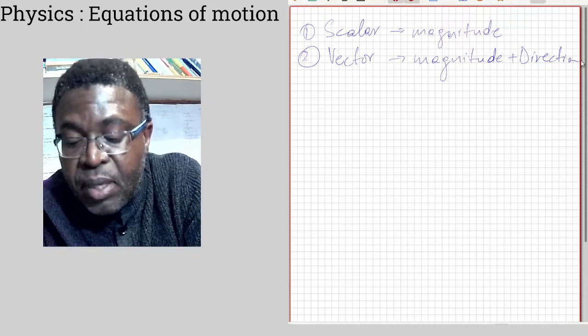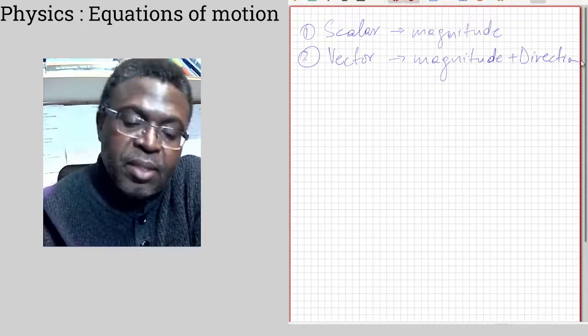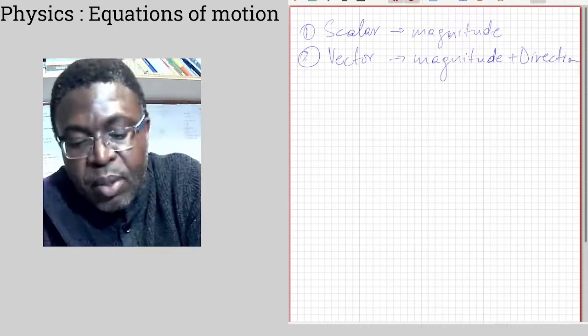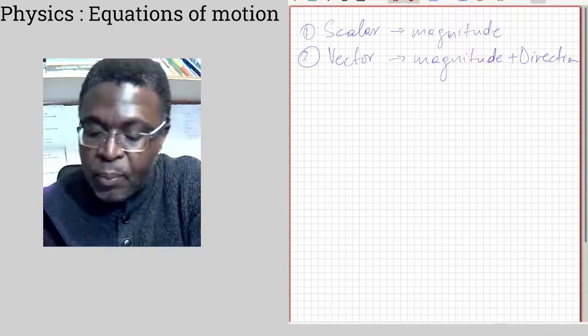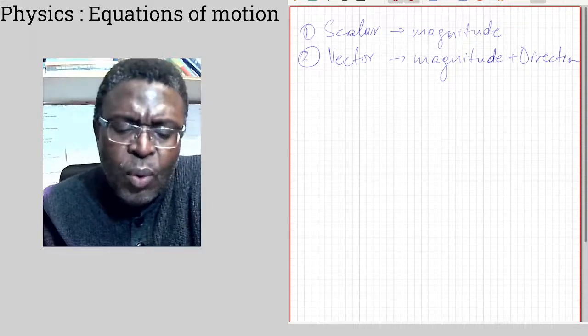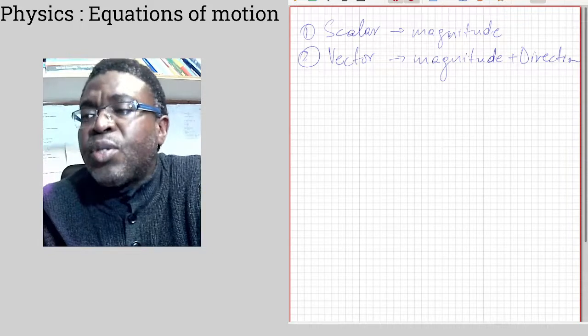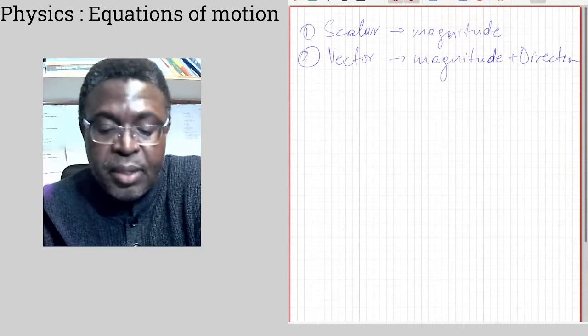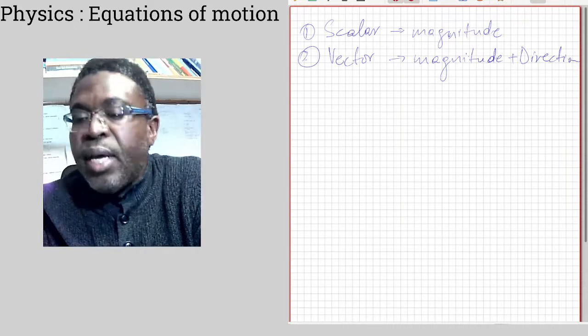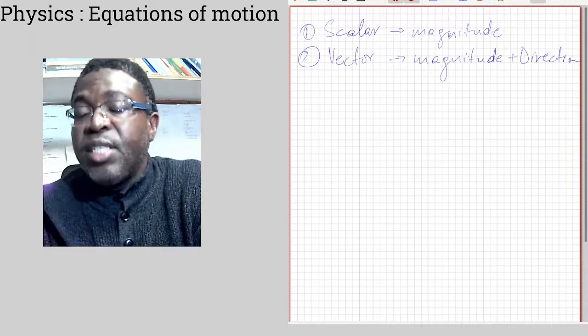So you must be very careful of this, because it has got very important implications. Right. So now, when we're talking about motions, of course, we're talking about objects that are moving. So the first thing, you will want to know how fast an object is moving.